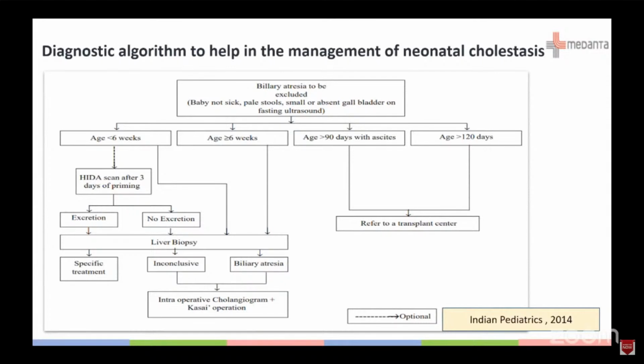If the child's age is more than 90 days with ascites, or the child's absolute age is greater than 120 days at the time of presentation, we need to refer the child to a liver transplantation center.